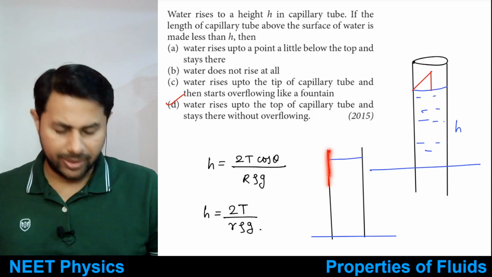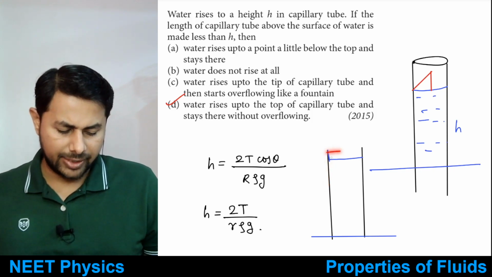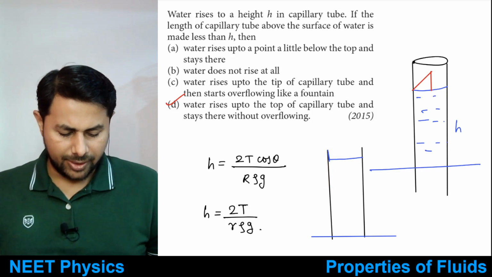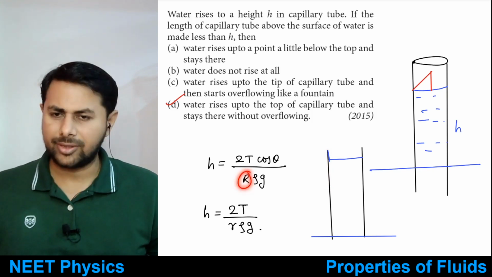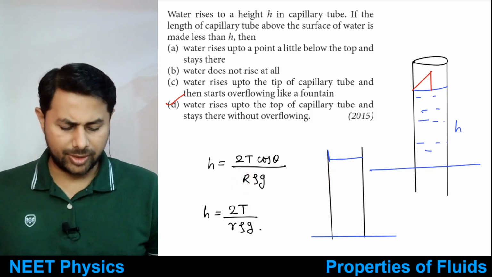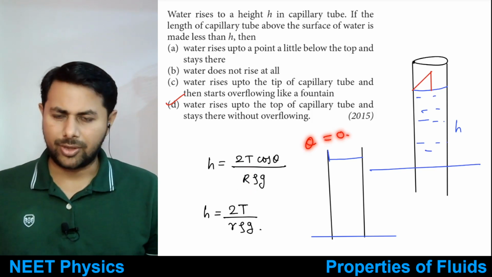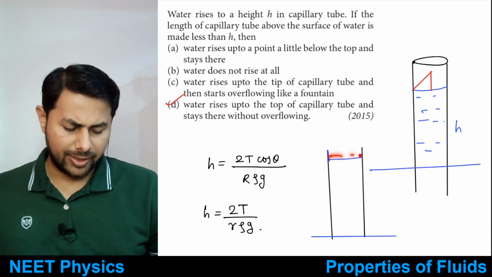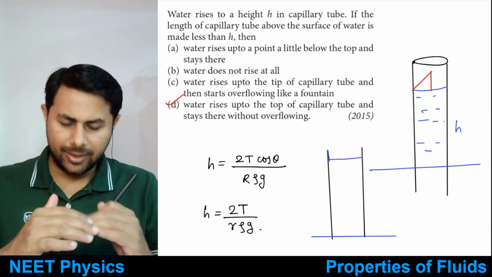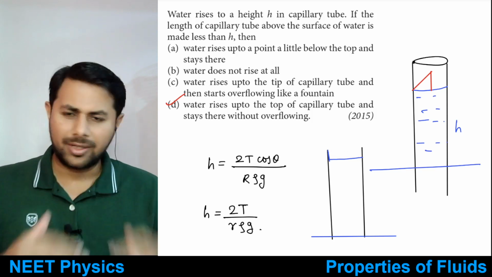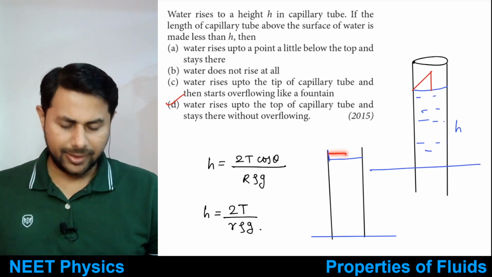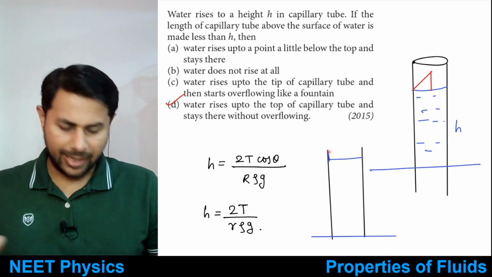Because the angle of contact is 0, the radius of this meniscus is just equal to the radius of the capillary tube, because theta is equal to 0, so cos 0 is equal to 1, right? Then the water level will start going up still, and what will happen then?